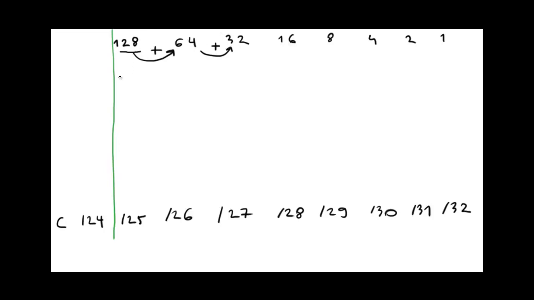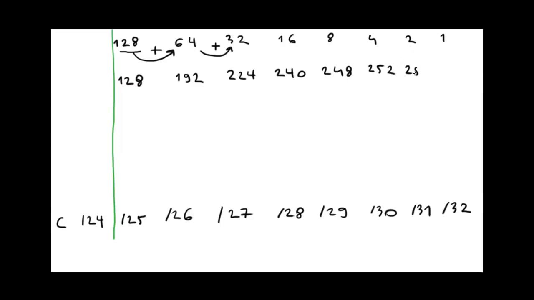And so, in first place, we have 128. In the second one, we have 192, because 128 plus 64 is 192. In the third place, 192 plus 32 is 224. 224 plus 16, 240. 240 plus 8 is 248. 248 plus 4 is 252.